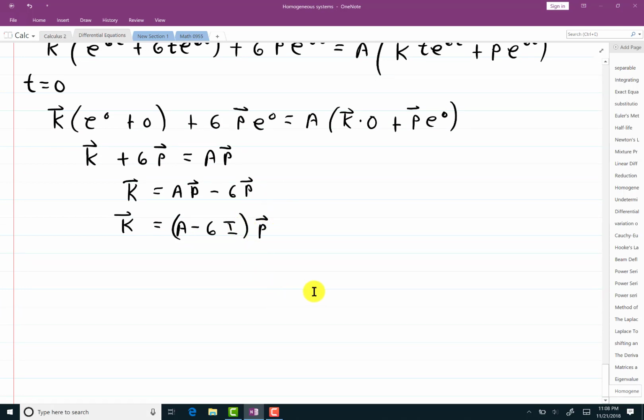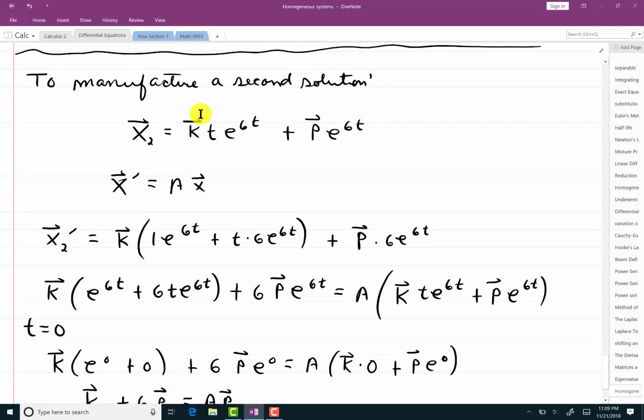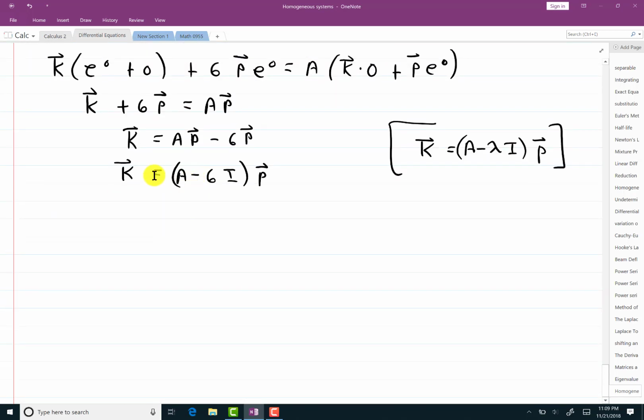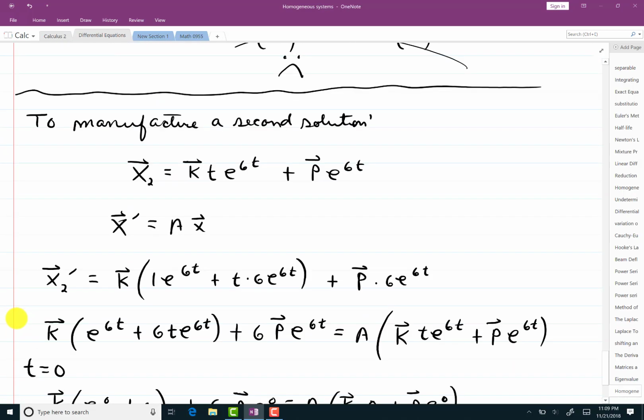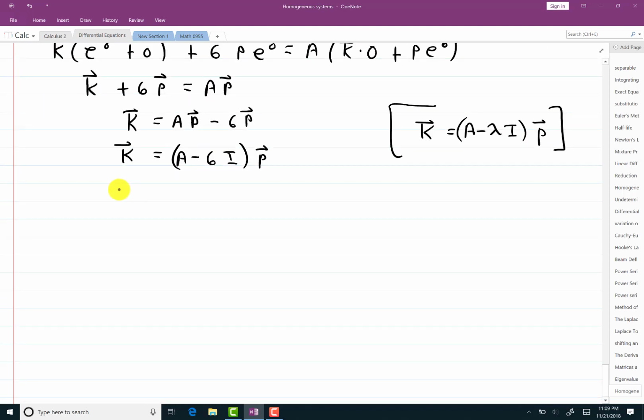In fact, in general, you'll have to solve an equation like this. Remember, 6 was the eigenvalue. And in our solution, to get a second solution here, we already know what k is. It's just trying to figure out what p is. So let me go ahead and do this. Where was our k? Our k was (3, 2). So let me put it in.